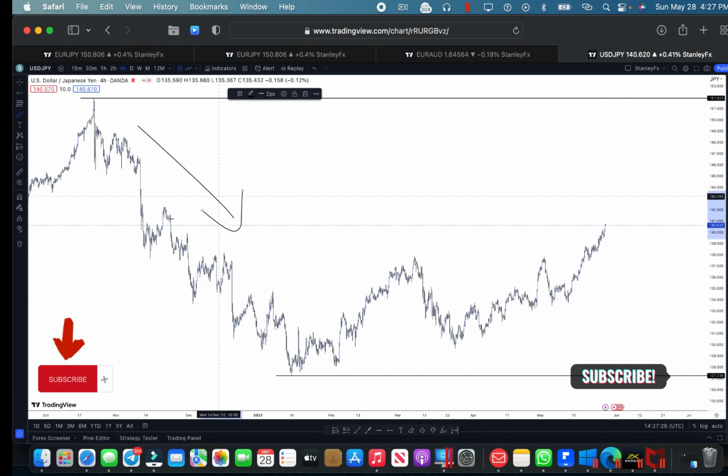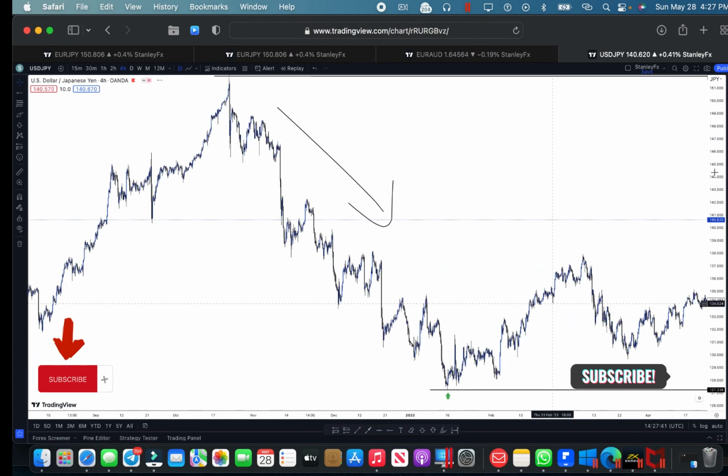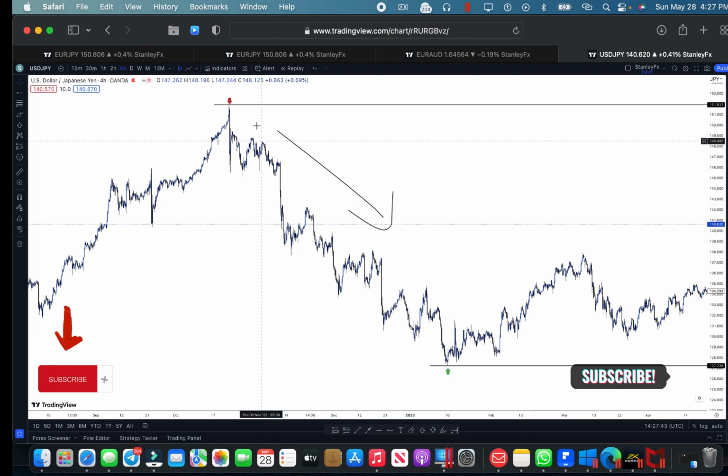You can see from this particular point that the market changed direction from that point and that point. If I zoom in, we can see that from this point, sellers have been in charge till this level, which is 127.238.